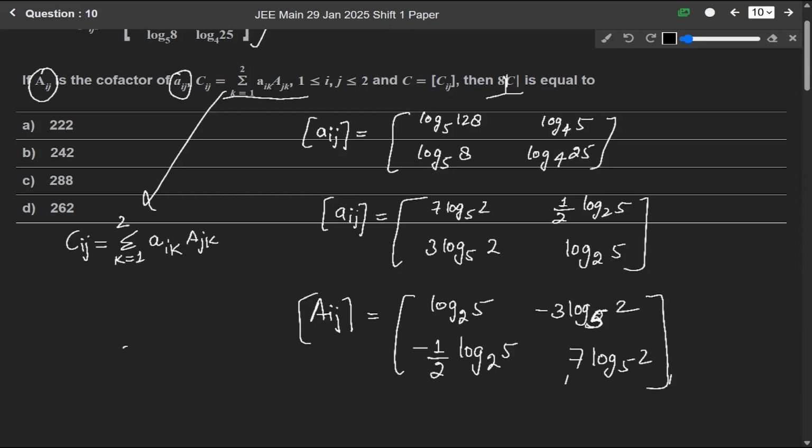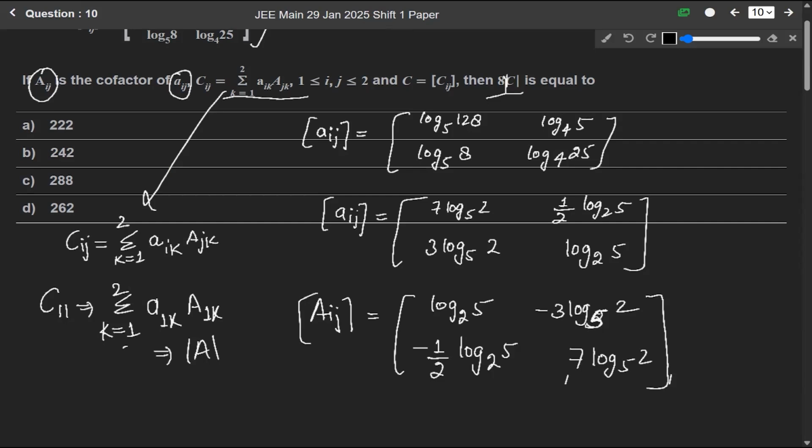So when we write C11, it will be sigma k equals 1 to 2 of A1k and A1k, so it will be modulus of A only.